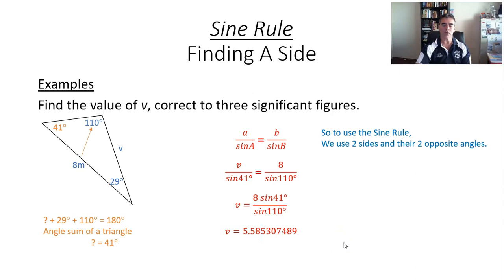And what I do is I put a line down there so I know that there's my 3 significant figures. But we just check the next one in case it's a large digit. And we should know by now that 5 is a large digit. So we round up, and what we've just done is said that v was approximately 5.89 metres.